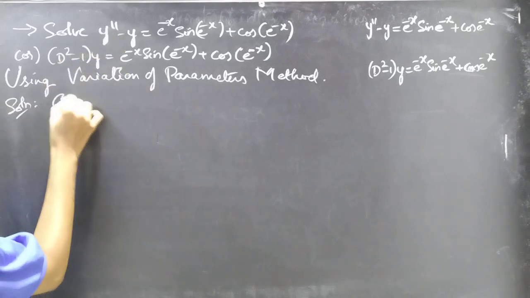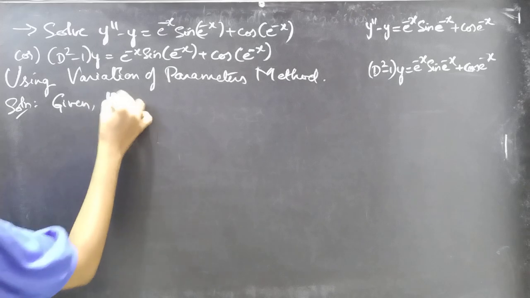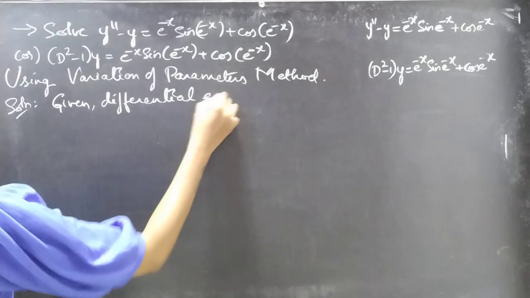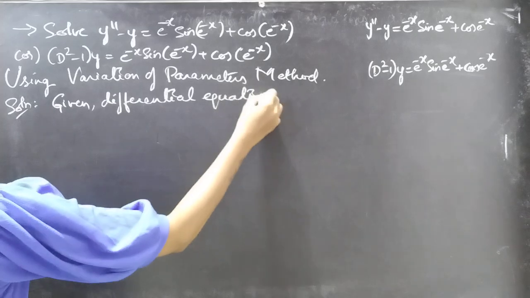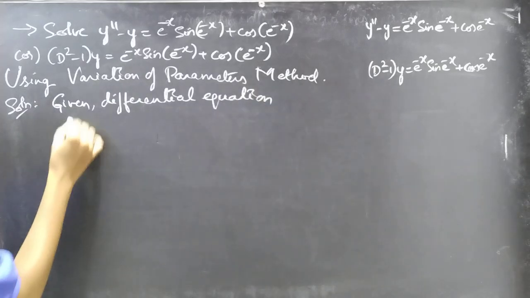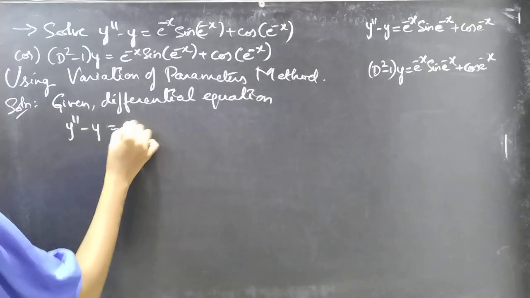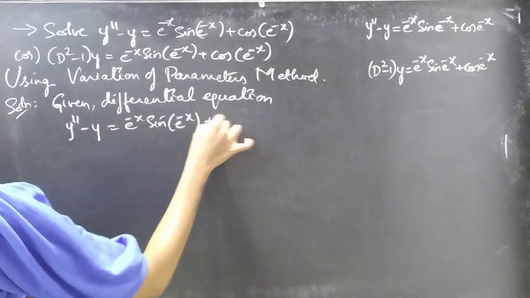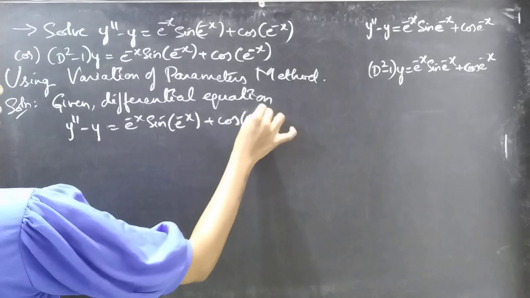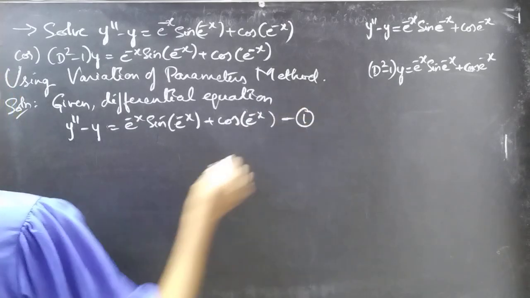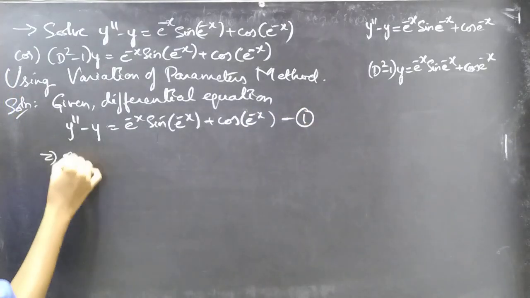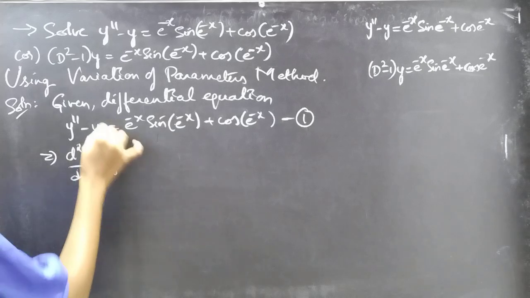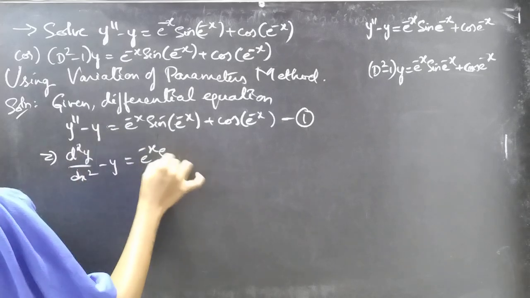Given differential equation, y'' minus y equal to e^(-x) sin(e^(-x)) plus cos(e^(-x)). Consider as equation number 1. We can write y'' as d²y by dx² minus y equal to the RHS part.